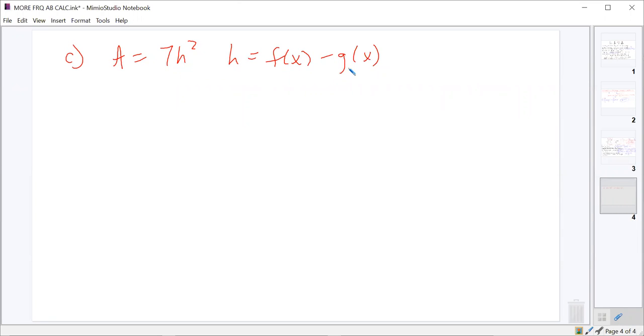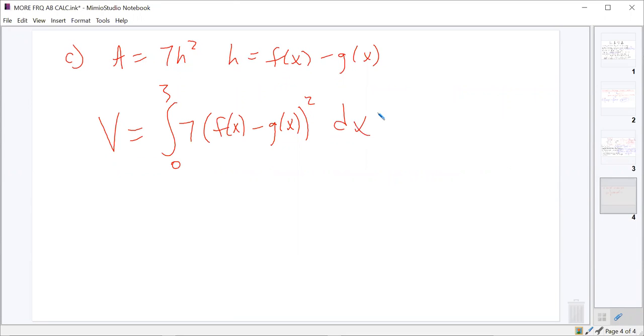So if we want to find the cross-sectional volume, the volume should be the integral from 0 to 3 of 7 times f of x minus g of x squared dx. And that was worth 2 points. 1 for what's inside and 1 for the whole rest of it.